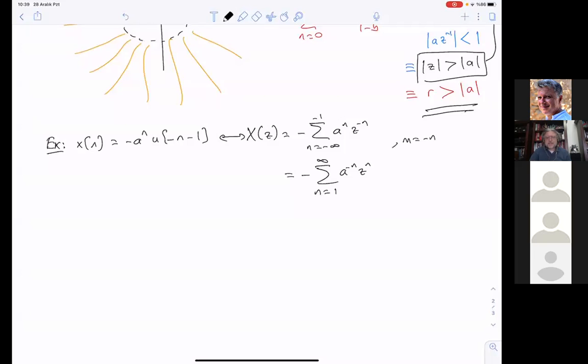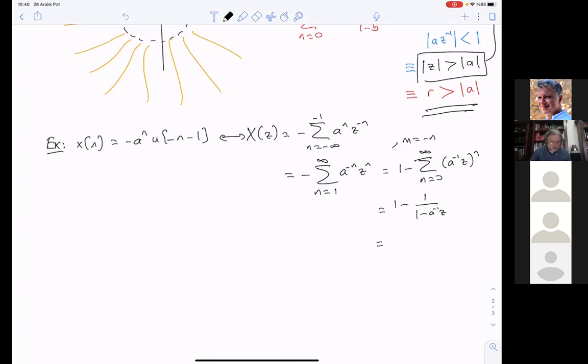The same summation. And this is equal to 1 minus the sum for n from 0 to infinity of a to the minus n z to the n, which is a to the minus 1 times z, all together to the power n, which is equal to 1 minus 1 over 1 minus a to the minus 1 times z. That simple series sum formula, again calling a to the minus 1 times z equal to b, you will get this.